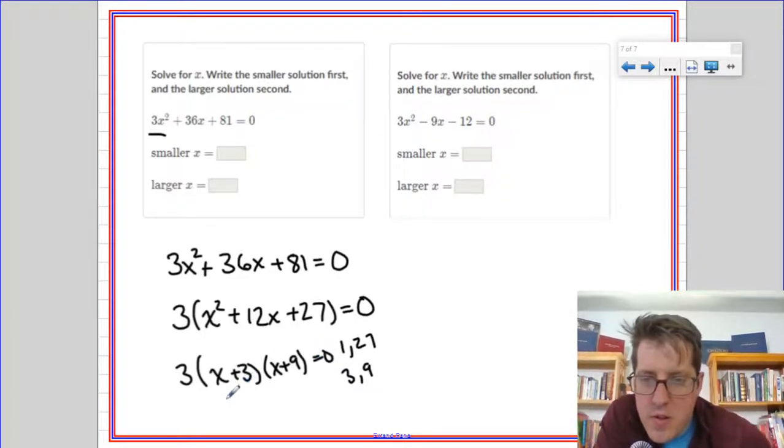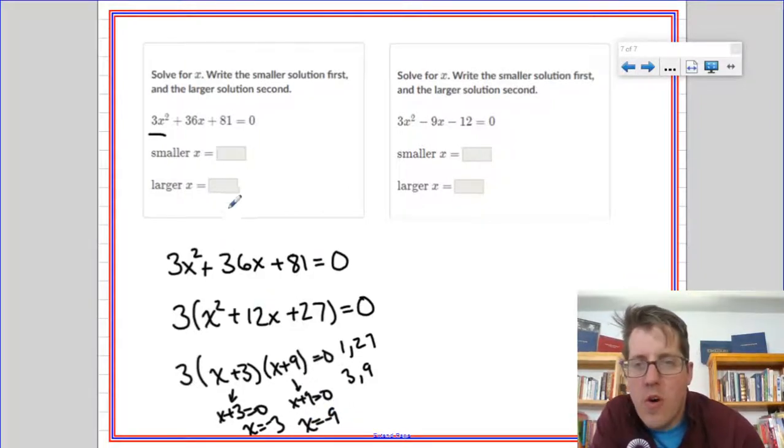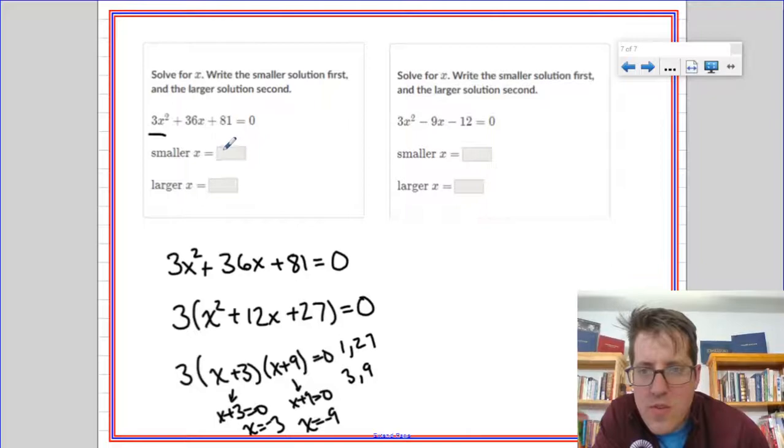And then my solutions are going to come from here. Either x plus 3 equals 0, which would mean that x equals negative 3, or x plus 9 equals 0, which means x equals negative 9. So the smaller x value is negative 9. The larger x value is negative 3.